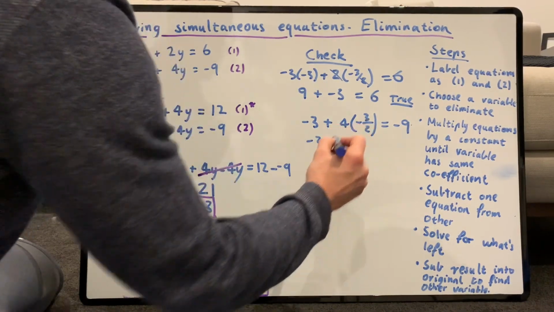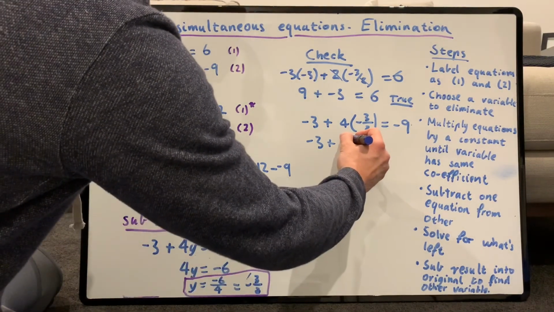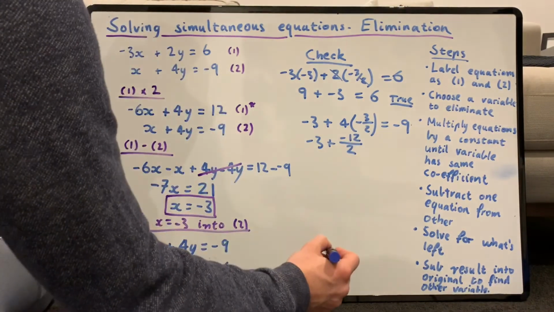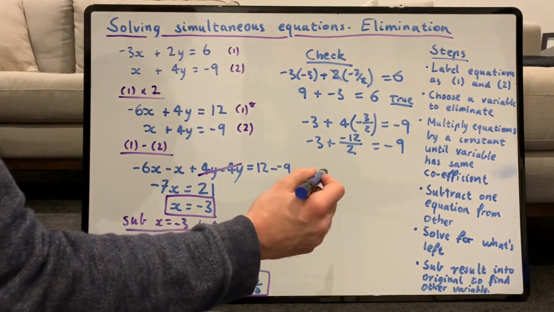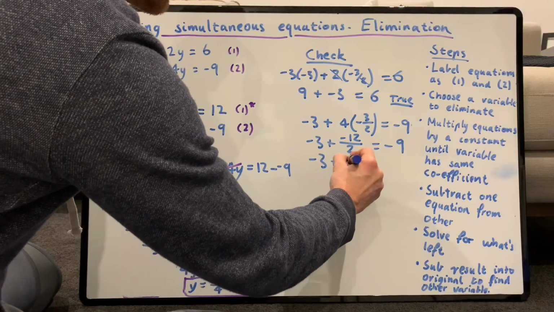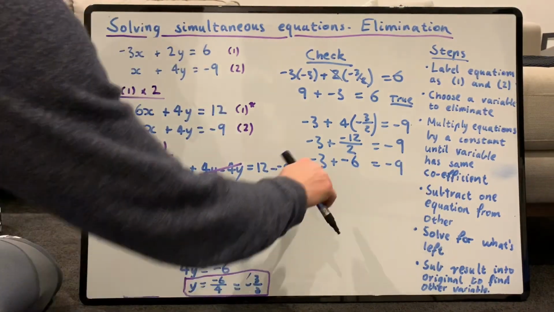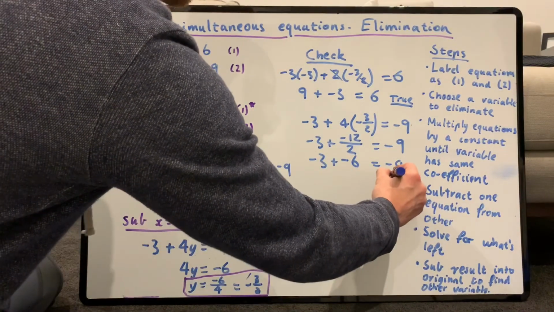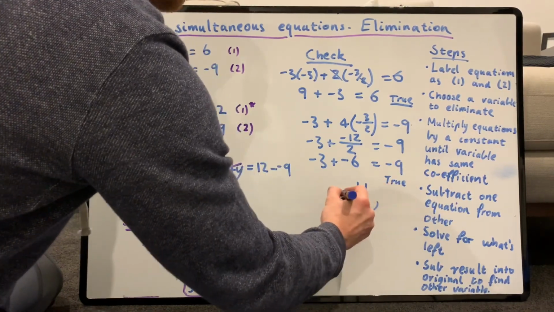Negative 3 plus, what's 4 times negative 3 on 2? Well, that is negative 12 on 2. Okay, that's good. Maybe you can see that it's true now, maybe not. We'll just keep going. What's negative 12 on 2? It's negative 6. And now you can probably see that negative 3 plus negative 6 does indeed equal negative 9. Again, true. Happy days.